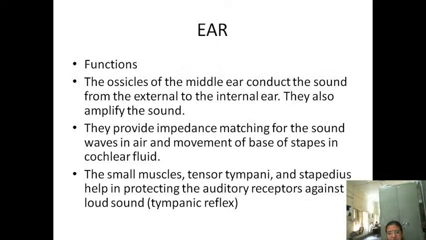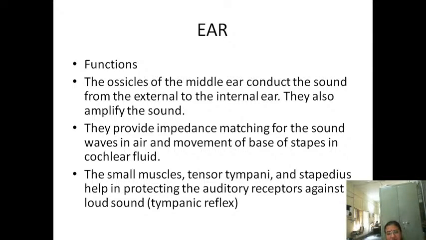Now, functions of the middle ear. The muscles of the middle ear conduct the sound from the external ear to the internal ear. They also amplify the sound. They provide impedance matching for the sound waves in the air and the movement of the base of the stapes in the cochlear fluid.